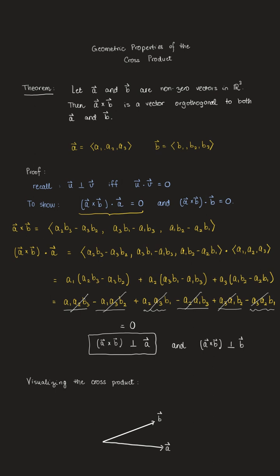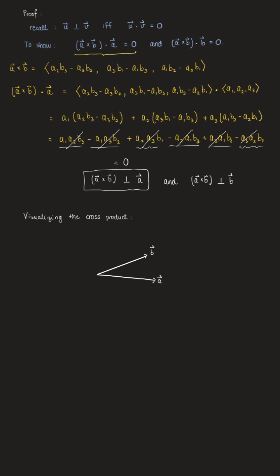Now, let's see if we can visualize what's going on. Imagine that here we have vector A and vector B. To visualize the cross product, we're going to use our right-hand rule.